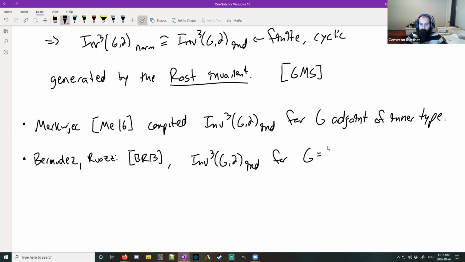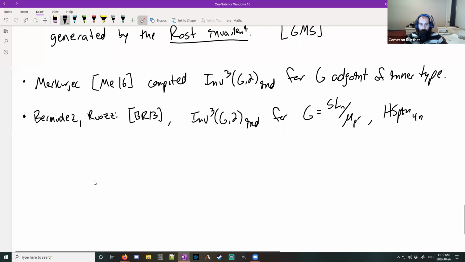They looked at G is SL_n mod something like this, some central subgroup where p to the r is the maximal prime power of p that divides n, but it's a not adjoint and not simply connected group of type A. And they also looked at, as I was interested in, HSpin, a group of type D.